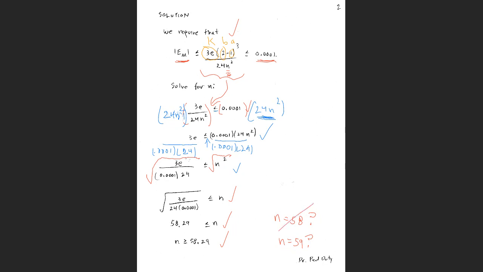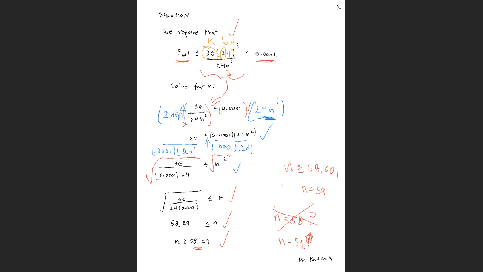Because you see, you can't do 58 because you need at least, algebraically, 58.29. So therefore, the number of subintervals would have to be 59. Even if n were, let's say, greater than or equal to 58.001, n would then be 59.